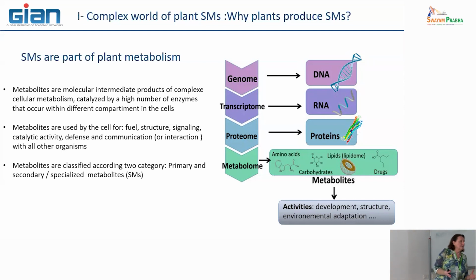In the cell, it's quite easy because it's a natural thing. When we see how to do the same in other cells, for example in yeast, we will see that it is completely different, because we need to make this coordinated system ourselves to express all the steps of the metabolic pathway.